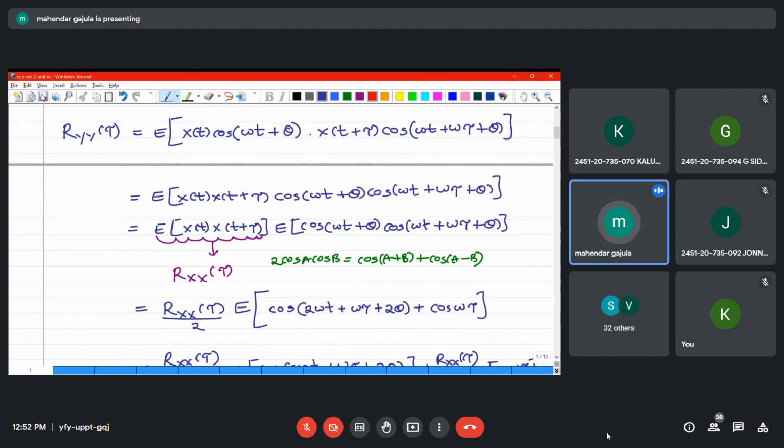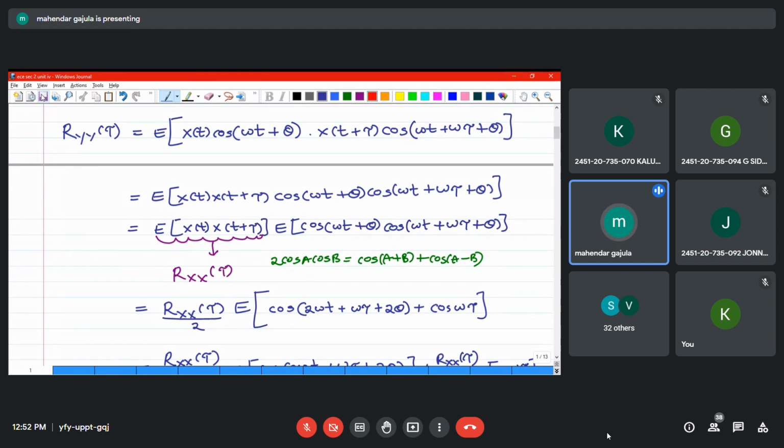x(t) is a random process, and cos(omega t plus theta) has omega and theta, a random variable. That's why I applied expectation on cos(omega t plus theta). With respect to x, this omega and theta are different. They correspond to y.